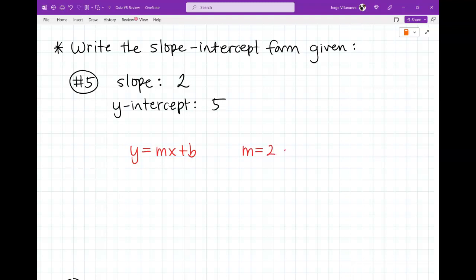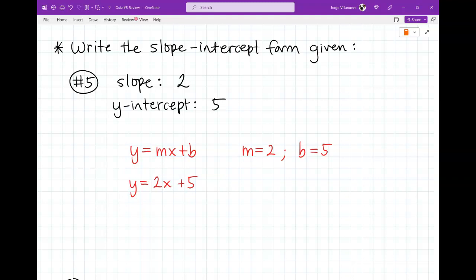That's 2. And they gave me b. That's 5. So just plug it in and you're done. Okay? So y equals 2x plus 5. And that's it. You're done. Nothing else needed. And too bad they're not all like that, but there'll be some.